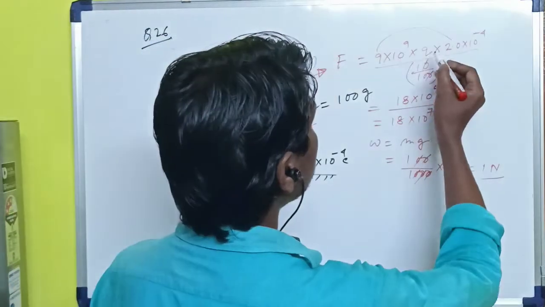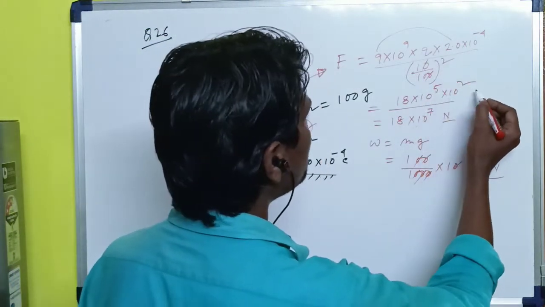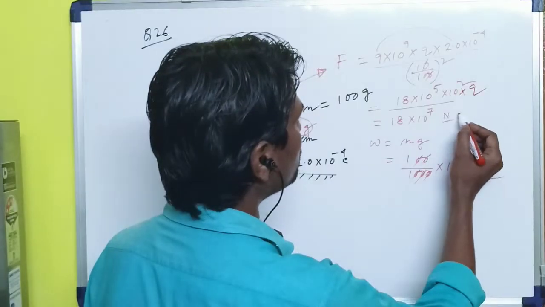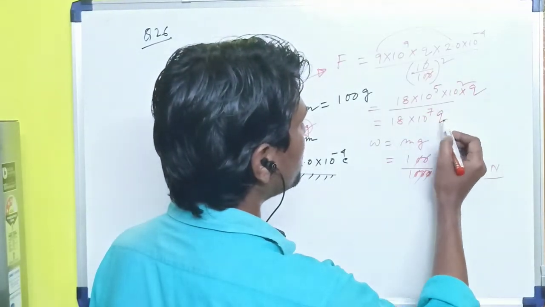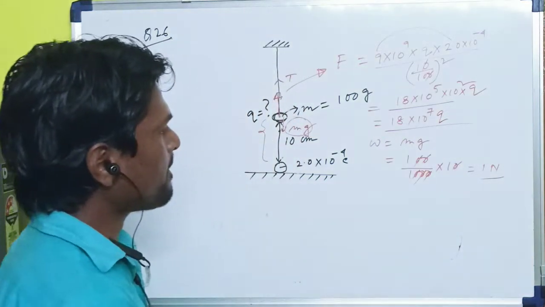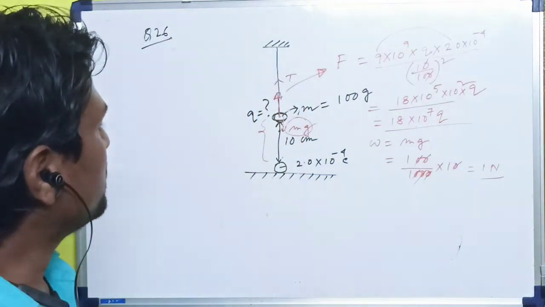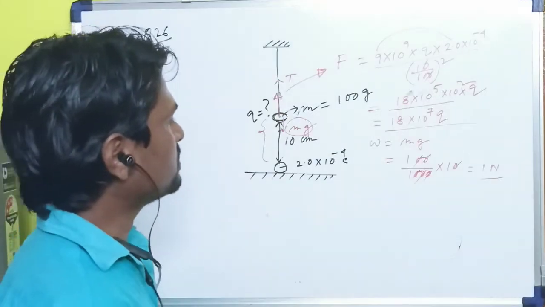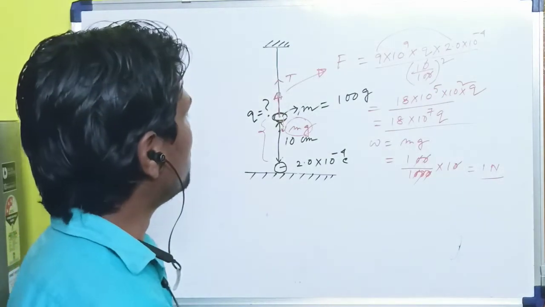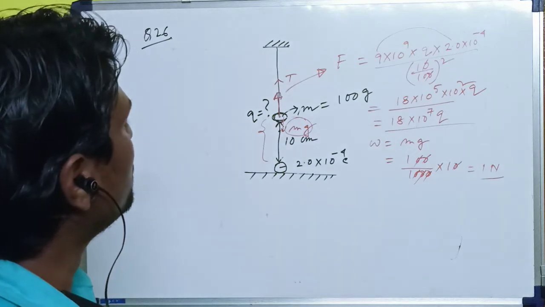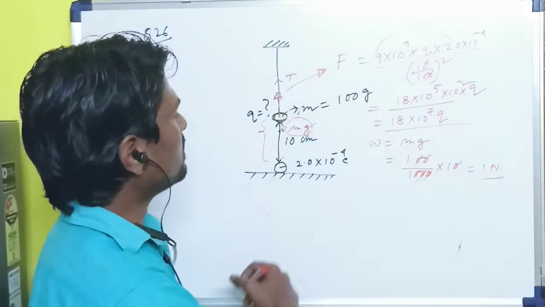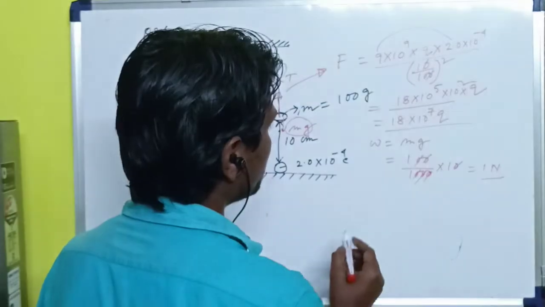Here it is Q. So this weight is equal to the repulsion force, the Coulombian repulsion force.